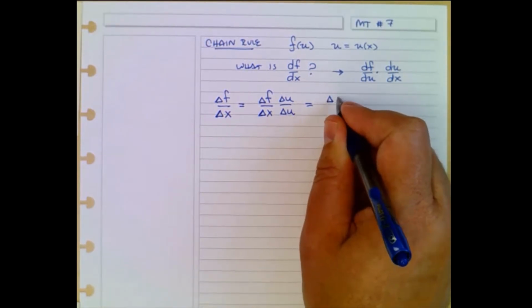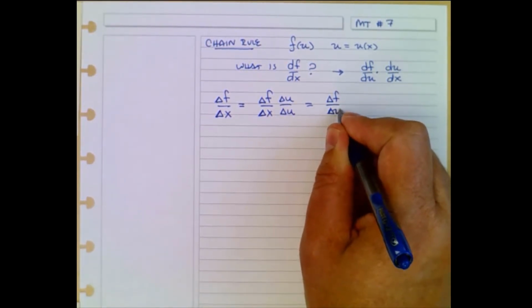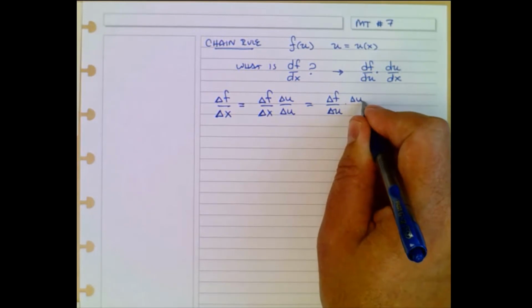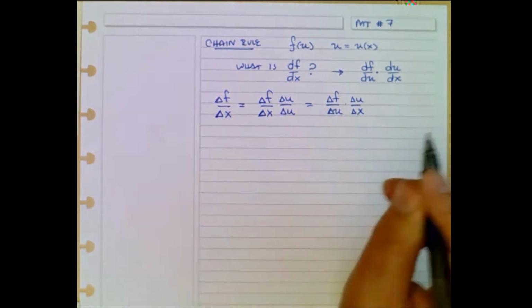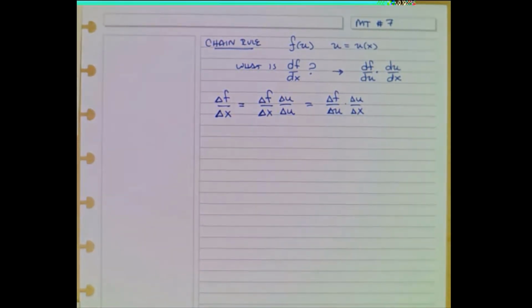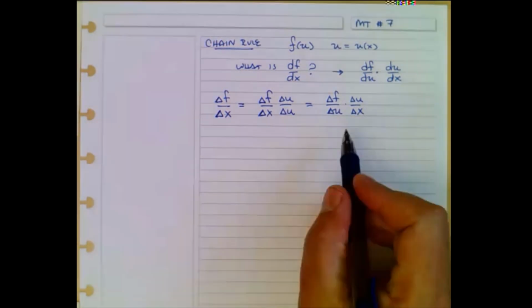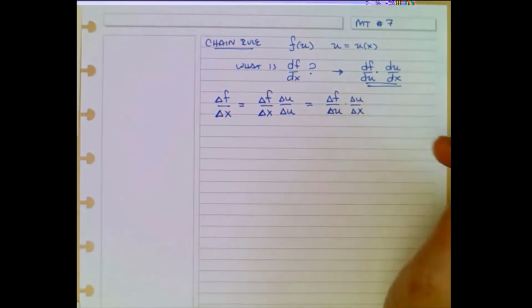And then I can rearrange: delta f over delta u times delta u over delta x. Now, if we were to be really mean to the mathematicians, we could simply let all the deltas go to d's, and then we'd have what we've got up here.